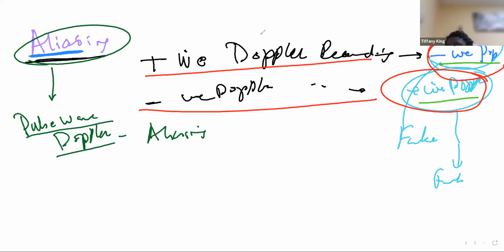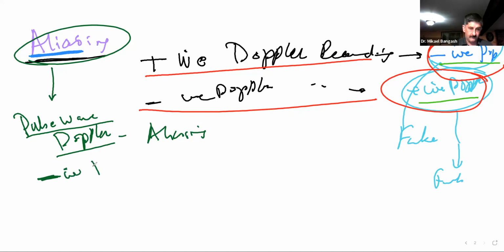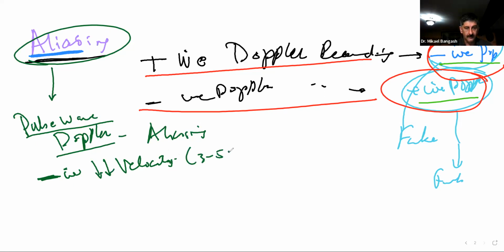Now, if you remember what I talked about pulsed wave Doppler, the main negative point or disadvantage of pulsed wave Doppler was that it was only going to be able to measure low velocities, which was anything between 3 to 5 meters per second.